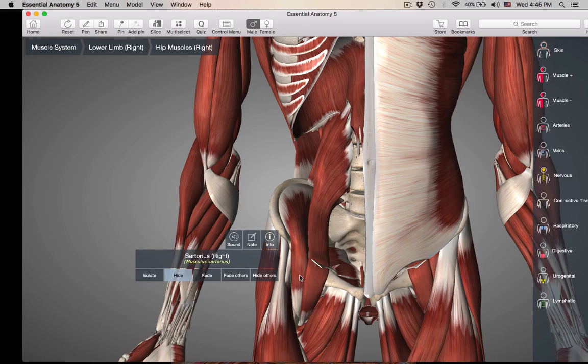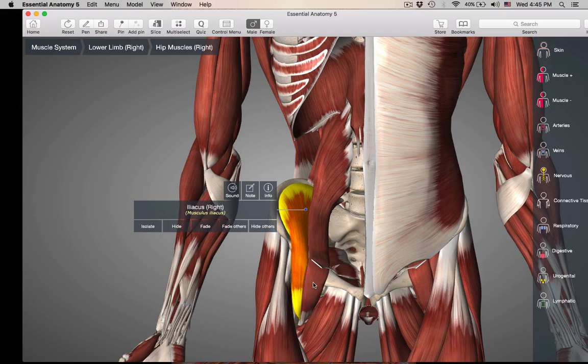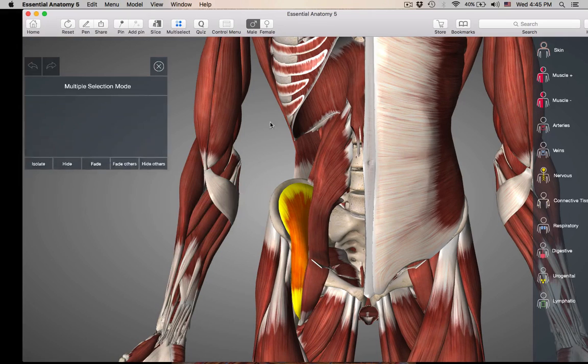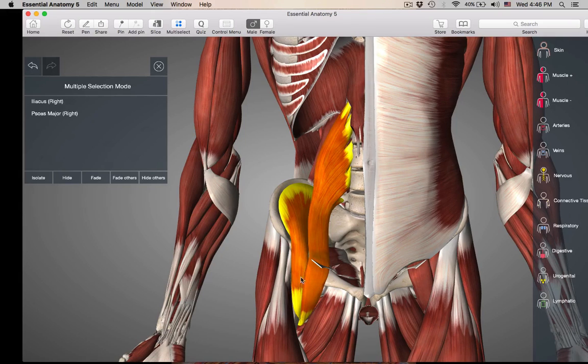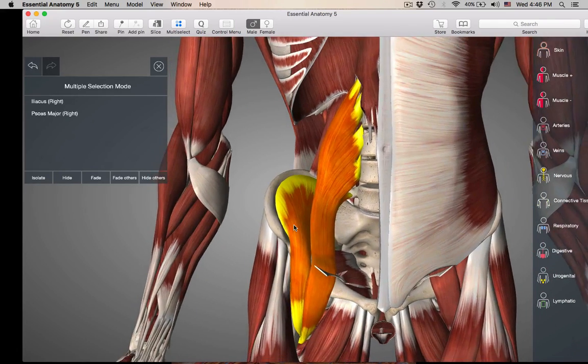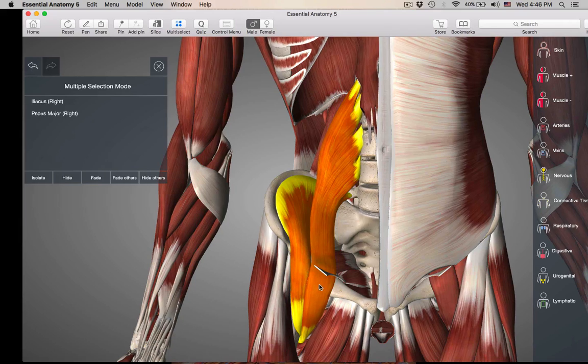And these two muscles together, the iliacus and the psoas major, once they come out underneath the inguinal ligament, we are going to call them the iliopsoas. I-L-I-O-P-S-O-A-S. Iliopsoas. So it's just a mashup of iliacus and psoas major. Iliopsoas.